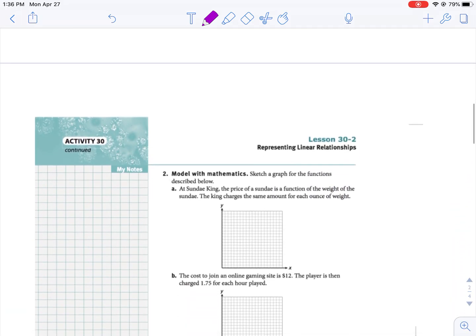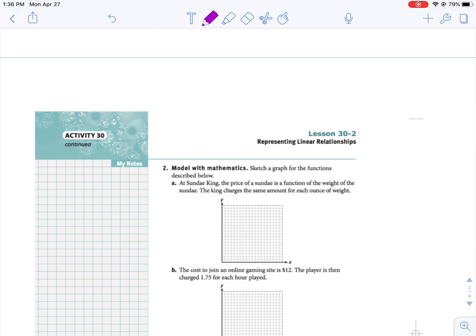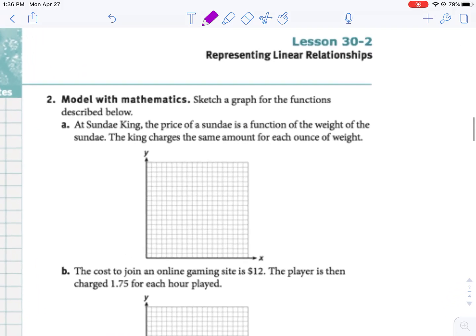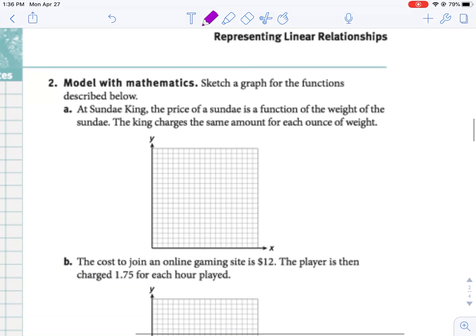All right, so taking a look at the next page, it says sketch a graph of the functions described below. So they're going to give us a situation, and you've got to graph that situation. So it says at Sunday King, the price of a sundae is a function of its weight.